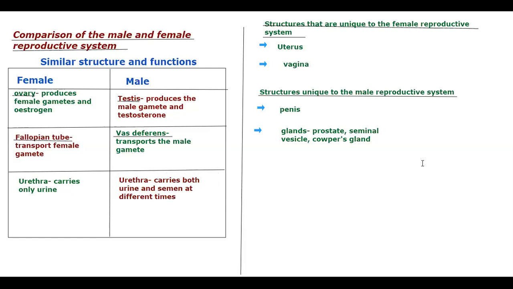So we actually had 3 similar structures, and then we had structures which were unique to what you'd find only in the female and only in the male reproductive system.